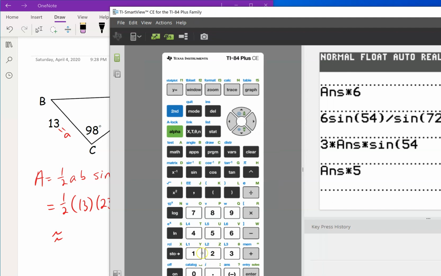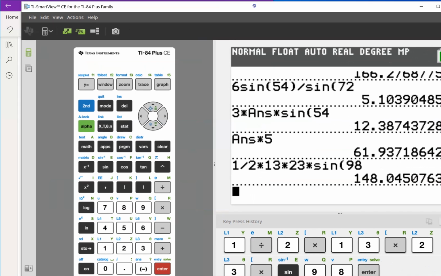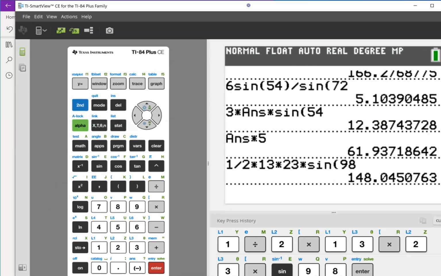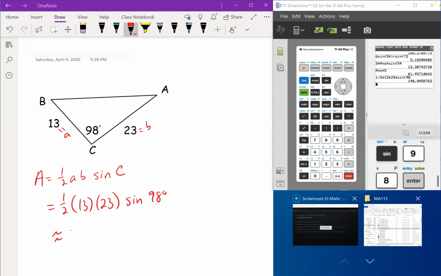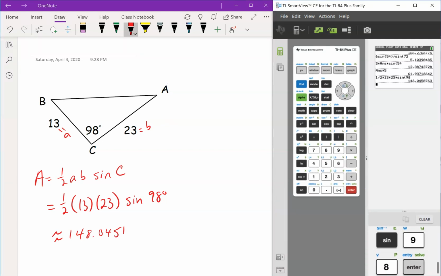So we had 1/2 times 13 times 23 times the sine of 98 degrees, and we get 148.0451. All right, so that would be our area for this particular problem.